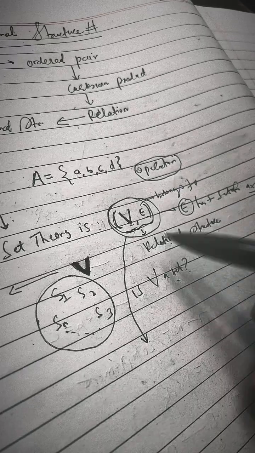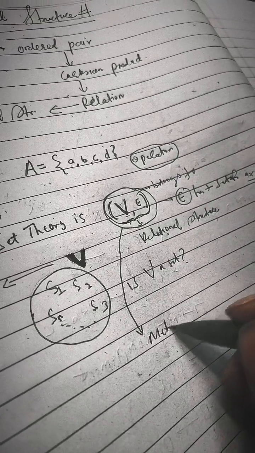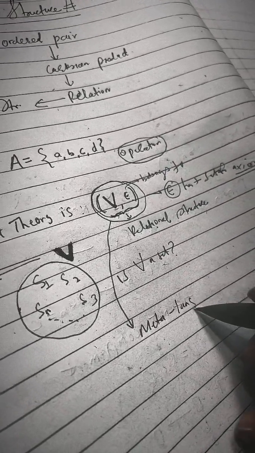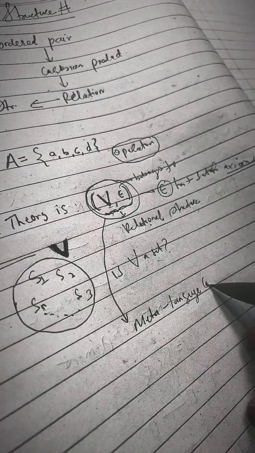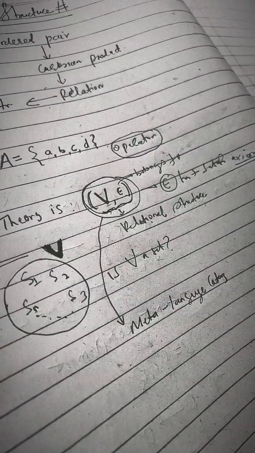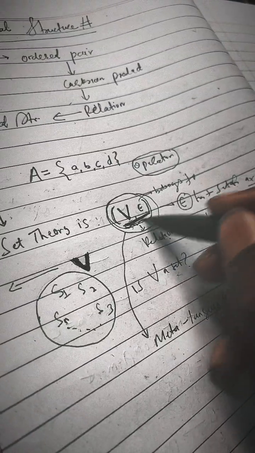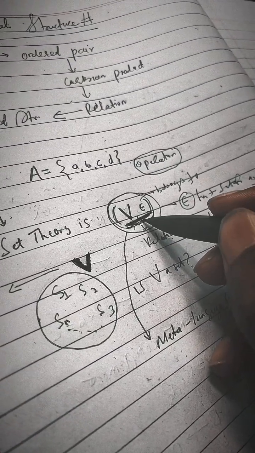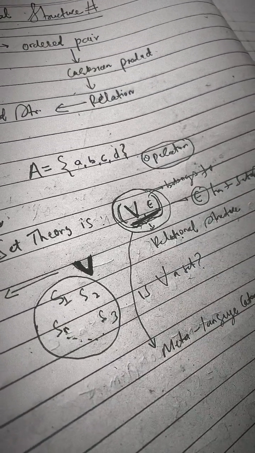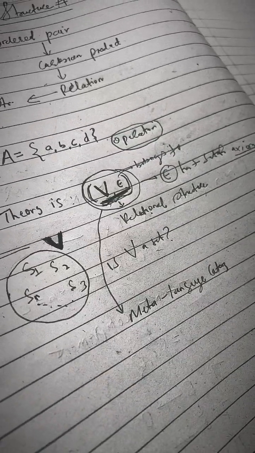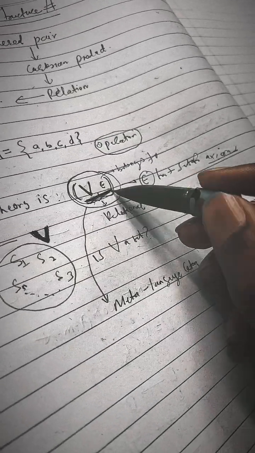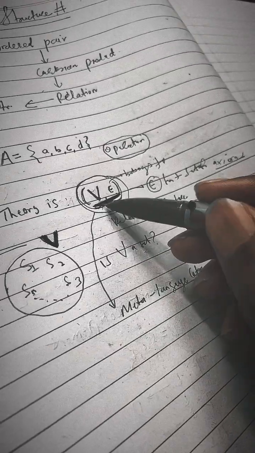This V comma belongs to falls within the meta language category. We cannot talk about this object inside set theory. This is very important. We cannot talk about this structure inside set theory because this is not a set.